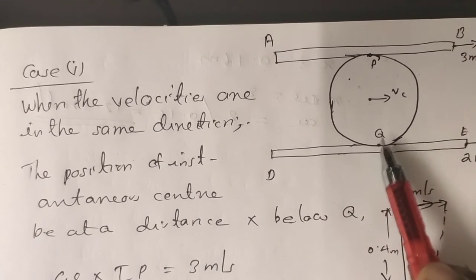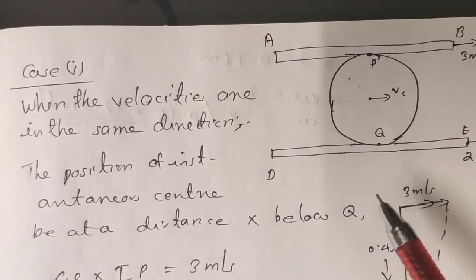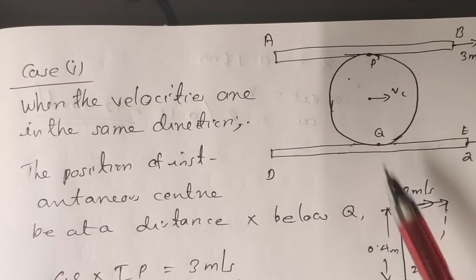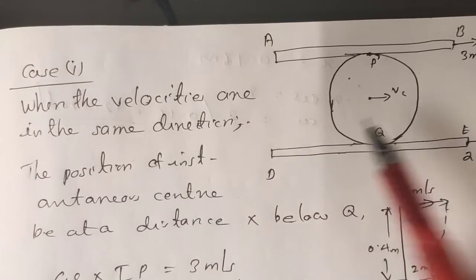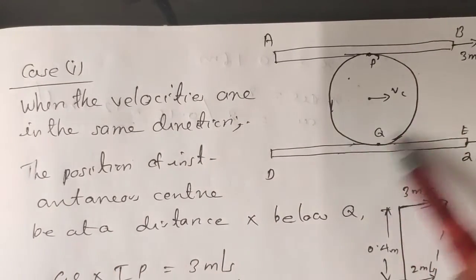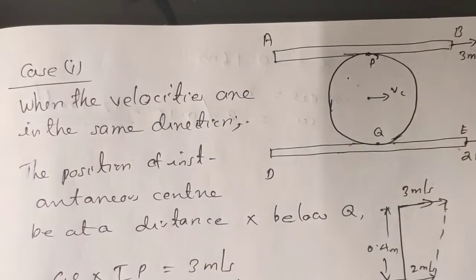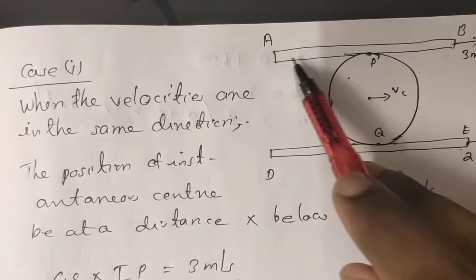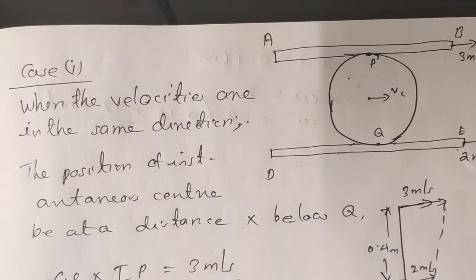This is a figure with the question. Okay. So case 1. It shows one cylindrical roller and two belts. We are considering the first case, so the first belt is moving this way, and the second belt is also moving the same way.